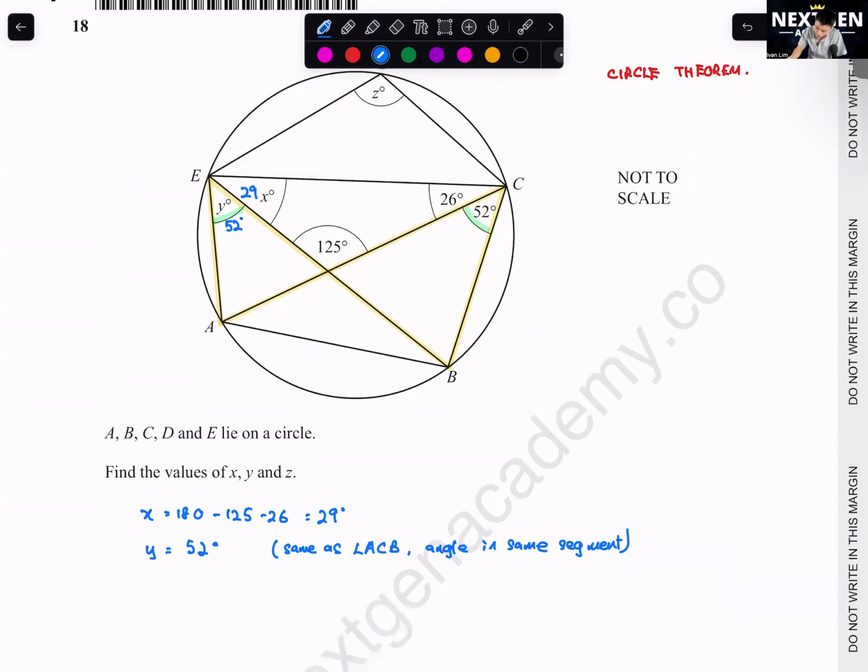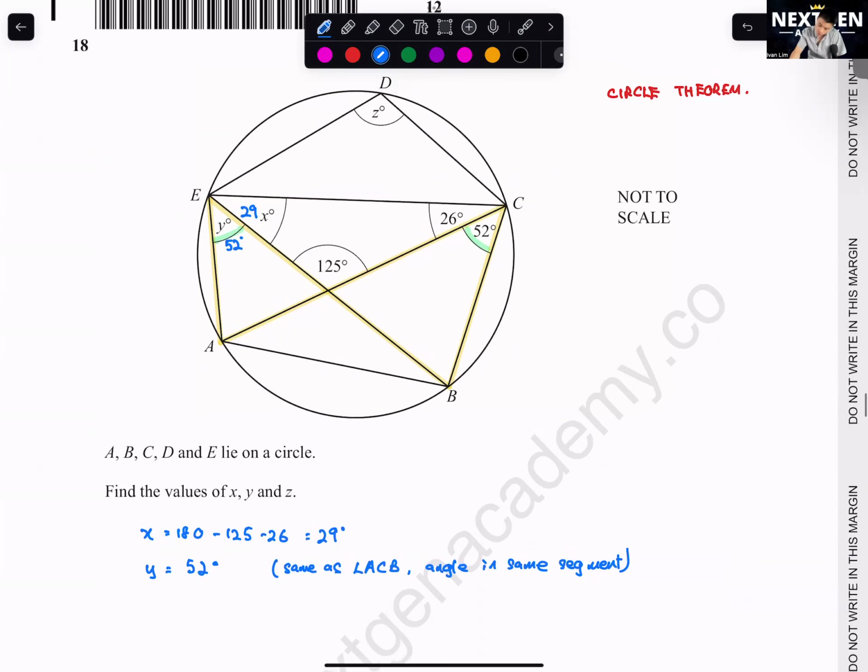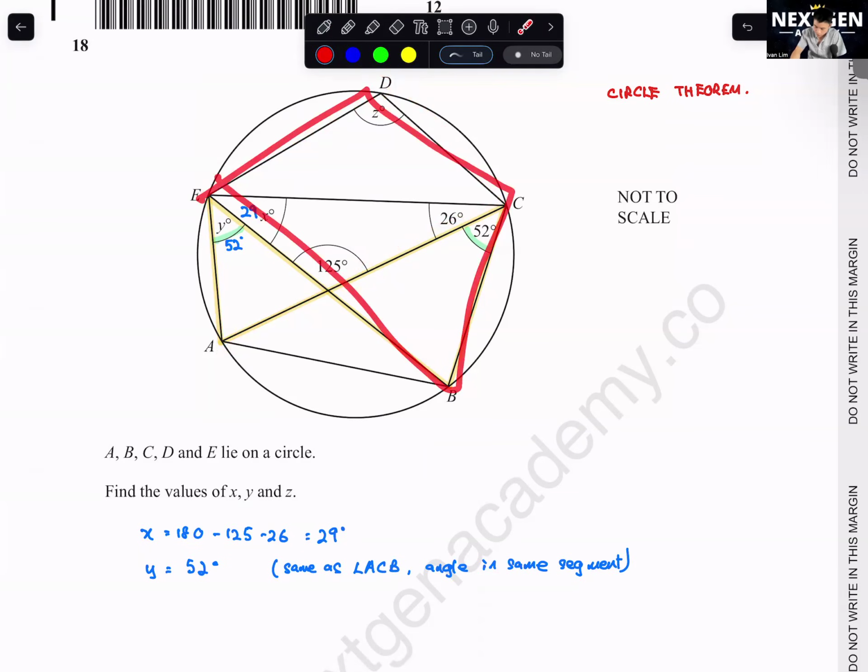The last one, Z. How to find Z? From here, what I can see is there is a cyclic quadrilateral. You have 4 sides here. It means these 2 opposite angles add up together to equal 180 degrees. Which one is easier to find? I think we find this one.